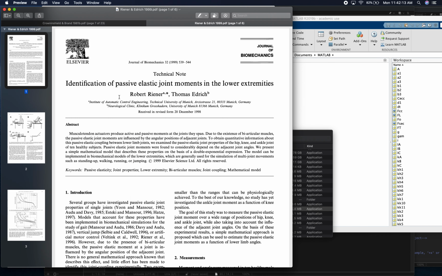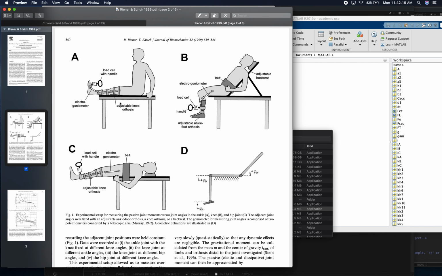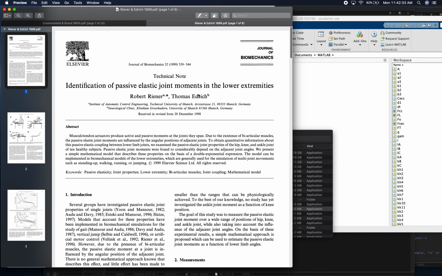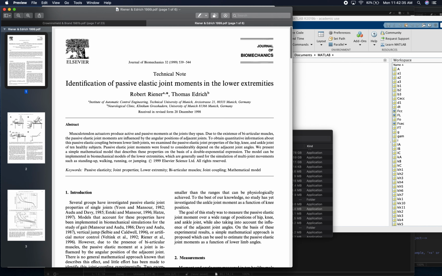So that's what they were doing here in this Riener and Edrich paper. They had subjects on a dynamometer-like device where they then put the joint into different positions and measured the position of the joint and the passive torque at that joint in those different postures. That's what they're referring to here by passive elastic moments in the lower extremities.